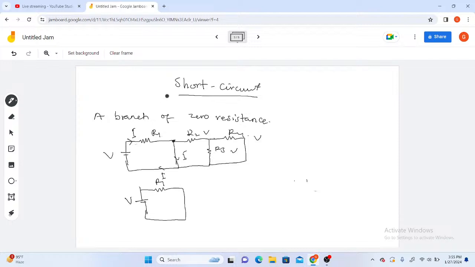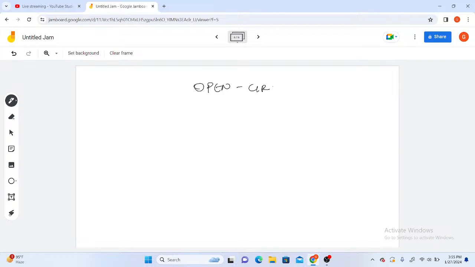And this is the concept of open circuit. It's clear from the name, open circuit. An open circuit is a branch with infinite resistance.